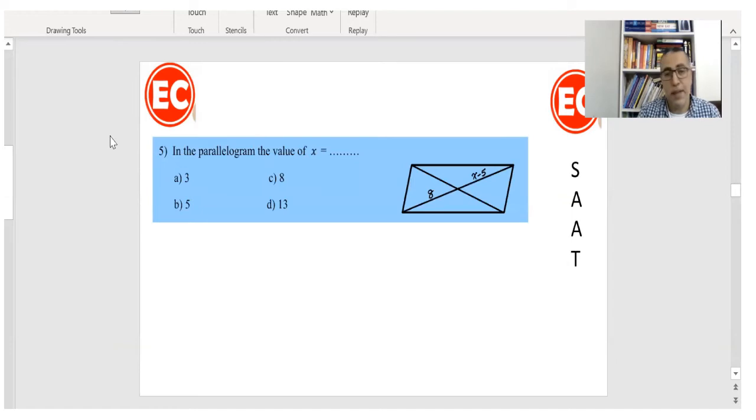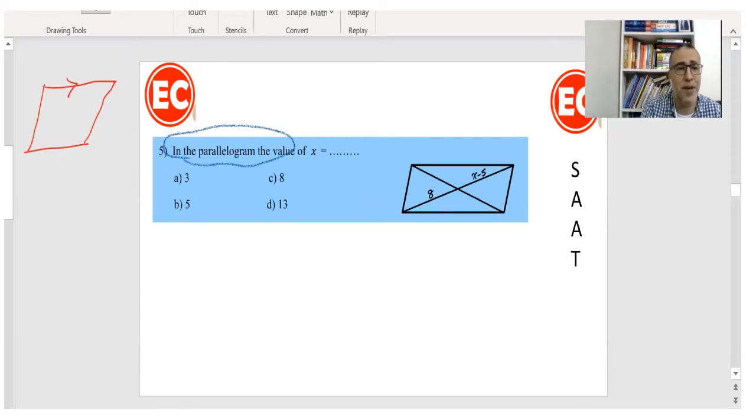Let's go to the diagram. Parallelogram. If you don't know the properties of the parallelogram, you need to go back and study them. The parallelogram has actually from 4 to 5 properties you should be aware of. So if I draw for you a parallelogram, each pair of opposite sides are parallel.